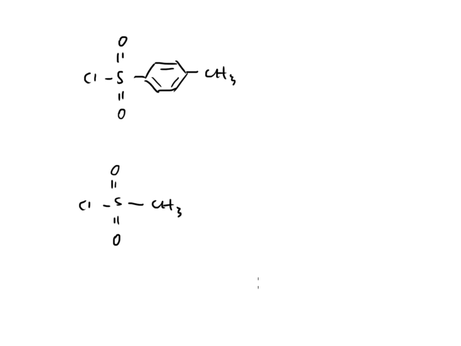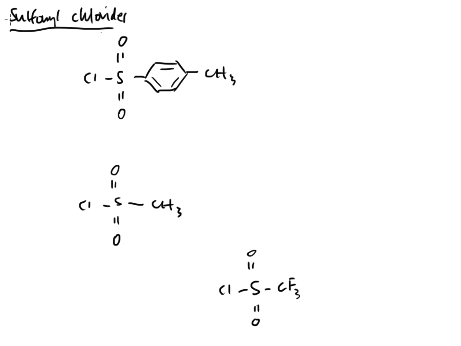And then sometimes we'll use a sulfur, double bond O with a chlorine, and we have a carbon with 3 fluorines. I know. It's kind of strange to see fluorine out there, right? So these are 3 common sulfonyl chlorides that we can use throughout this process. Each one of these has a name, and here's what they're called.